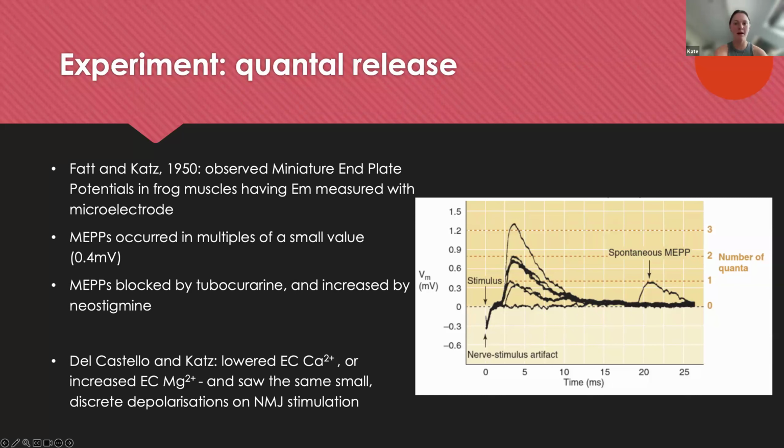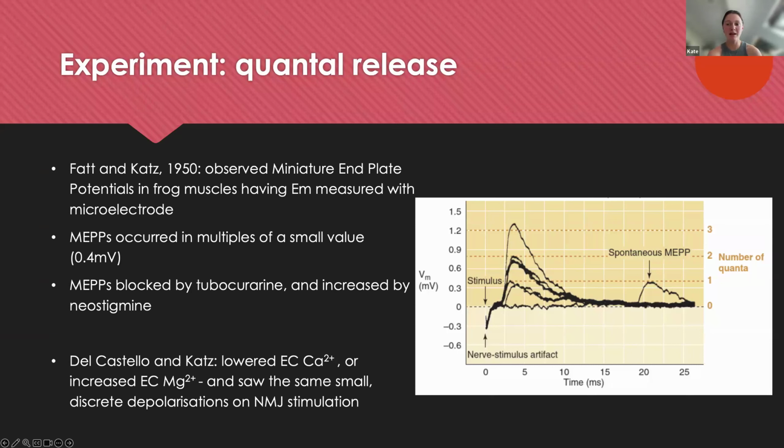So this means different amounts of ACh were released with the different calcium concentrations. And they observed that the end plate potential was always a multiple of 0.4 millivolts, and that the end plate potential magnitude was proportional to the number of acetylcholine to nicotinic receptor complexes that were formed.